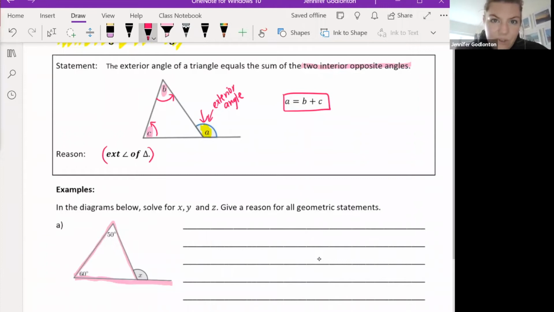Using this rule that we have just learned, we can say our two opposite interior angles, so 60 plus 50 equals our exterior angle. And our reason is exterior angle of triangle. And so that just means that X is going to be 110 degrees. That would be the end.